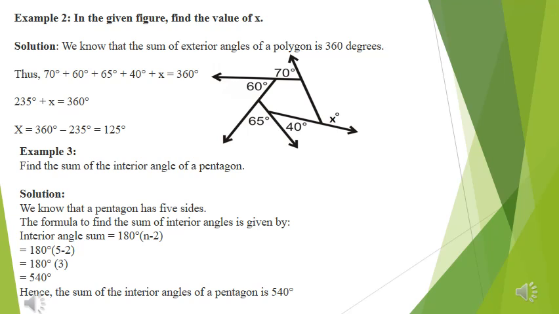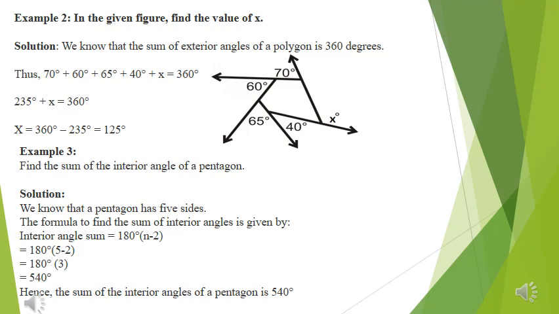Students, example number 3 is based on polygons. Here we have to find the sum of the interior angles of a pentagon. When we have to find the measure of the interior angles of a polygon, we use the formula 180 into (n minus 2).